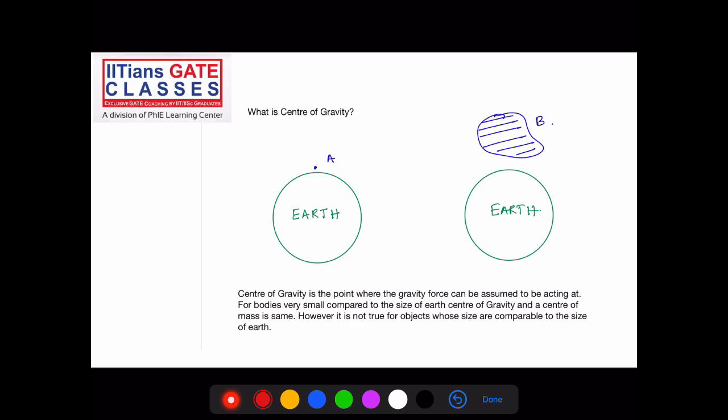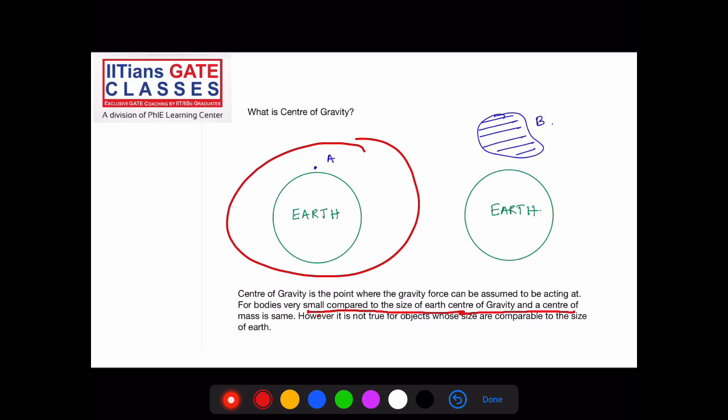So what we can say is, if the size of the body is very small compared to the size of the Earth, the center of gravity will act at the center of mass itself. What I mean to say is the center of gravity and center of mass will be the same.